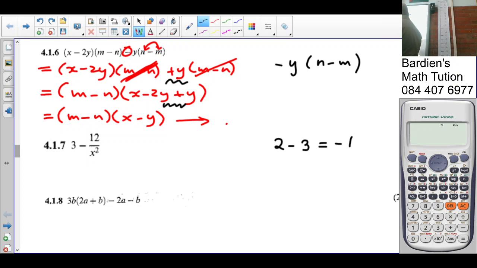Negative 1. If you swap this around, it's going to become minus 3 plus 2. What's minus 3 plus 2? But if you take out negative as a common factor here, you will have 3 minus 2. What's 3 minus 2? Times negative? Negative. You see, this is all the same.